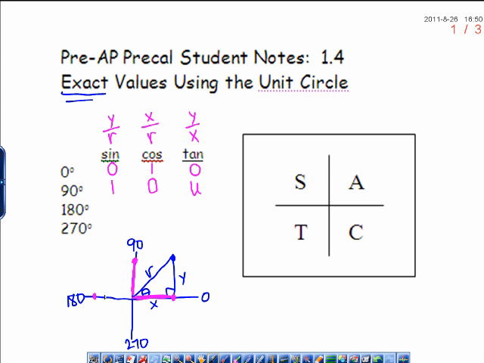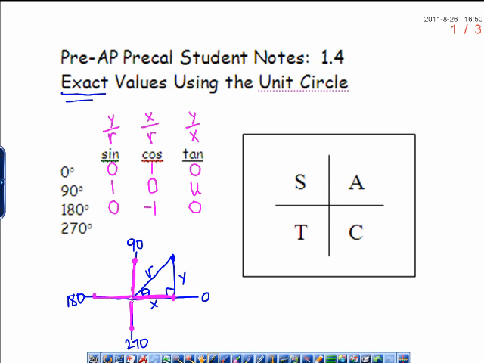Alright, 180 over here is very similar to 0, except that over here, kind of like in these quadrants, x is negative. So it's very similar to the 0 degree row, except since x is negative, we still have a 0, we have a negative 1, and another 0. Let's think about 270. 270 is very similar to 90, but like 180, we have a negative issue.